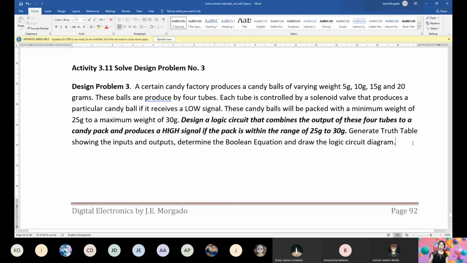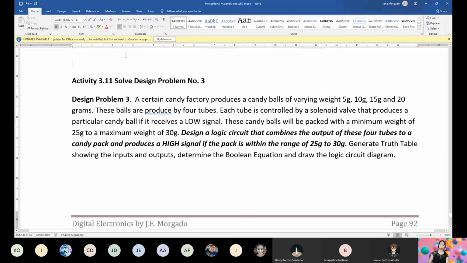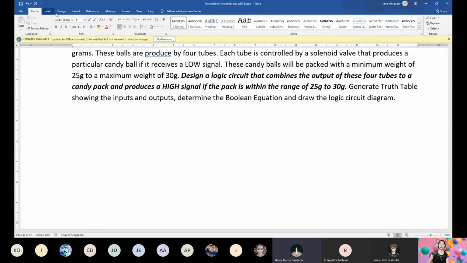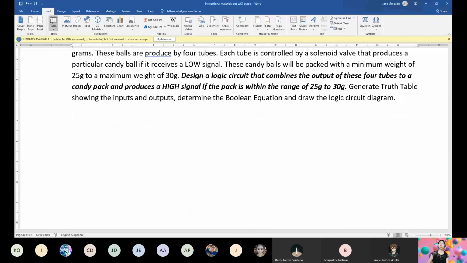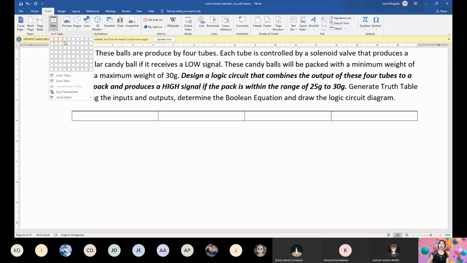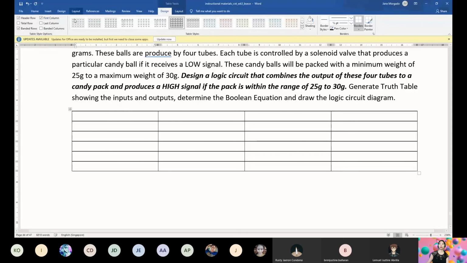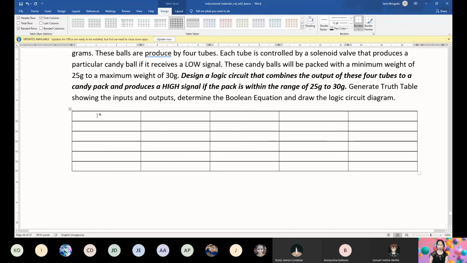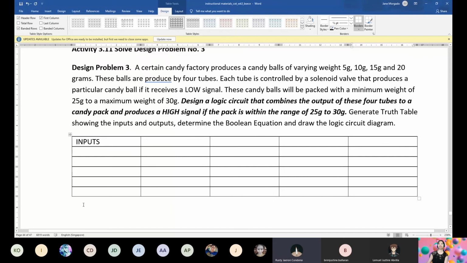Okay. So, ayan. Ilan inputs natin? Class. How many inputs? 4 po, ma'am. Okay, so we'll have 4. Okay, so may output pa pala tayo. Ilan output natin? How many inputs and how about the outputs? How many outputs? 2 or 1.